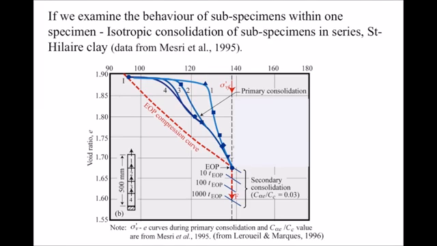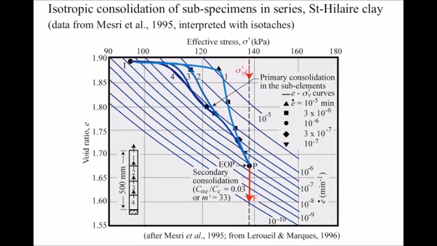From these results, it's possible to define a set of isotac, constant rate of strain curves, and the subspecimen 1 goes to high strain rate, 10⁻⁵ here, while the subspecimen 4 goes to the curve 10⁻⁶ about.